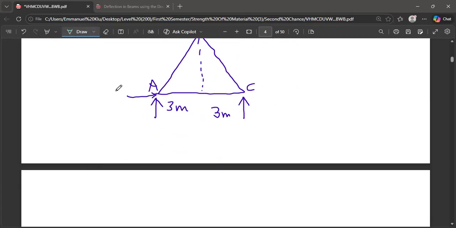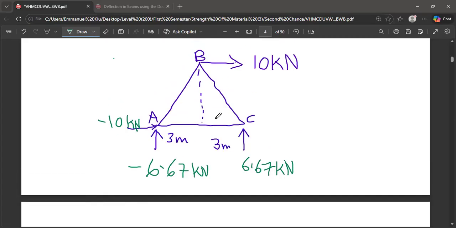Over here, we had negative 10 kilonewton. And then for the reaction at A, for the reaction at C, we had 6.67 kilonewton. And over here too, we had negative 6.67 kilonewton.